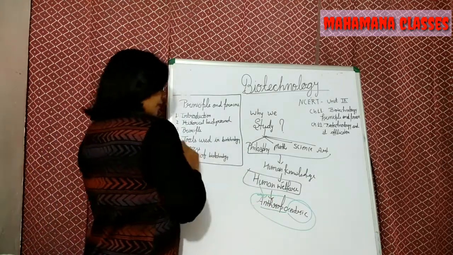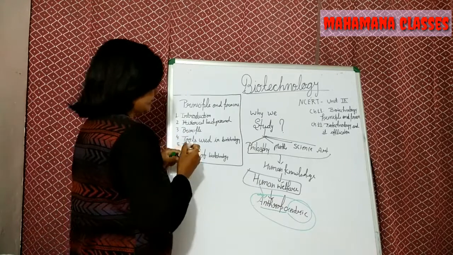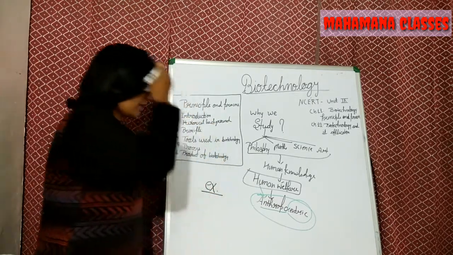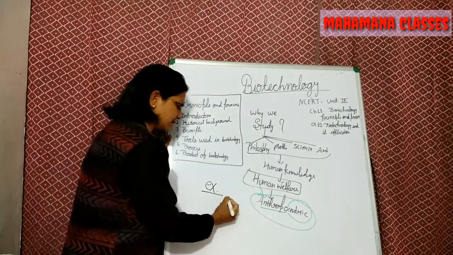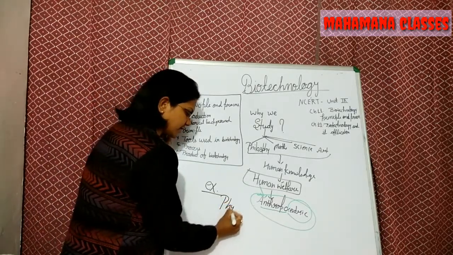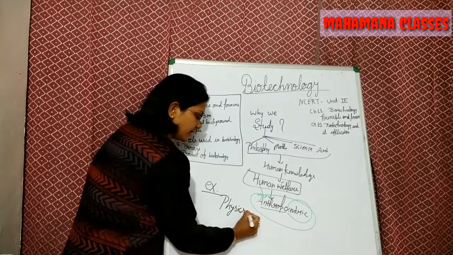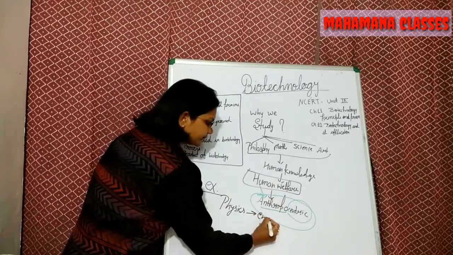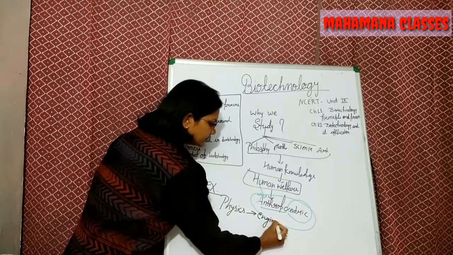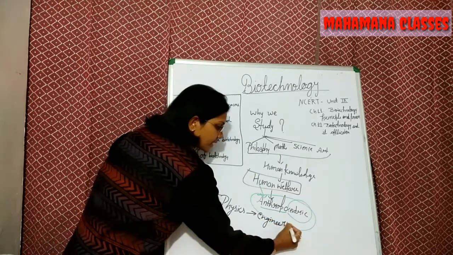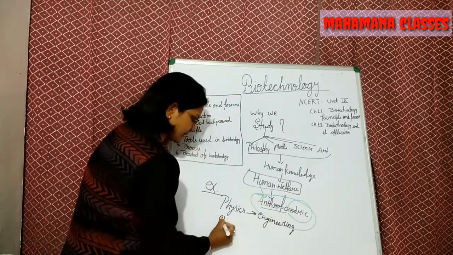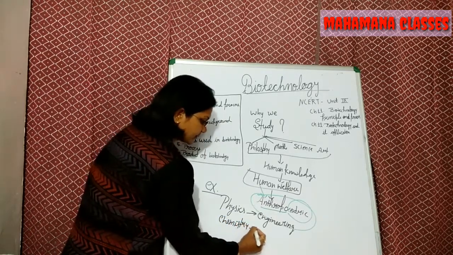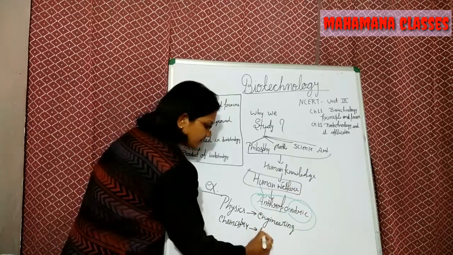Now we come to its examples. How is the whole study anthropocentric? First, when we study physics, it gives rise to engineering. If we study chemistry, it turns into industries.